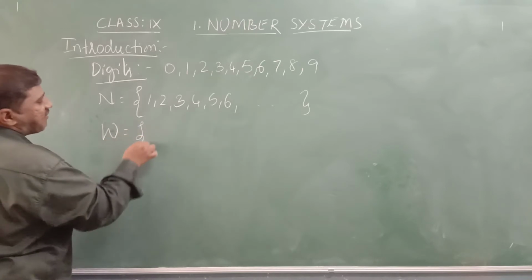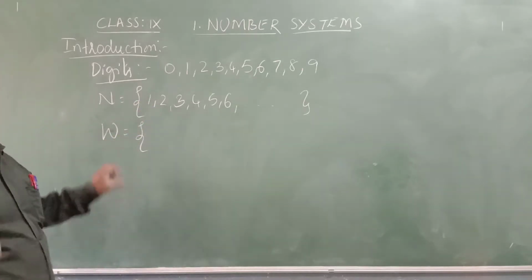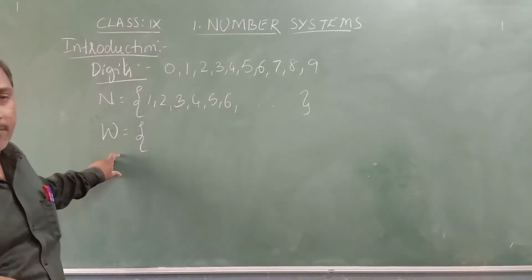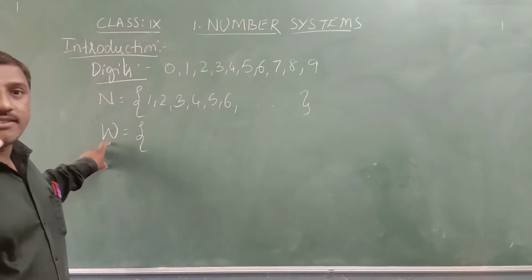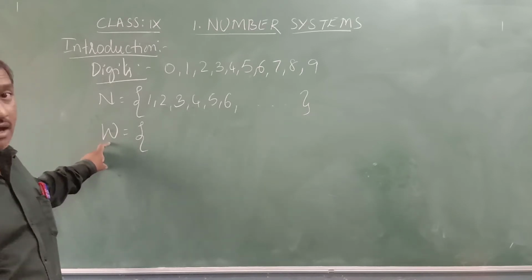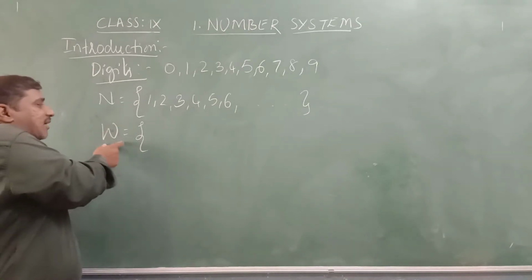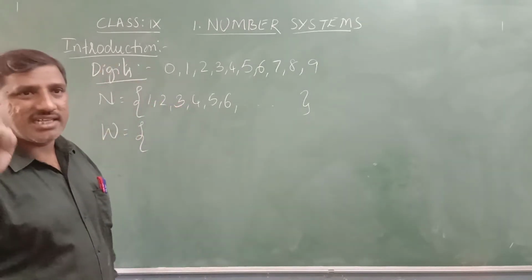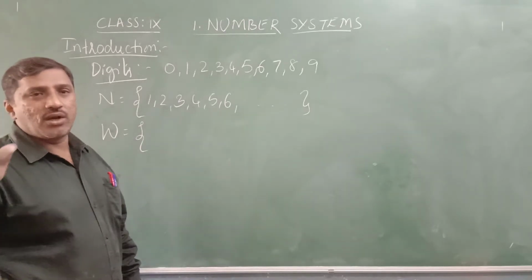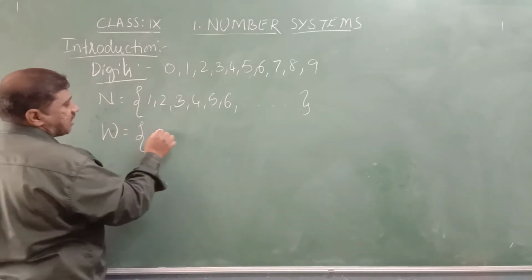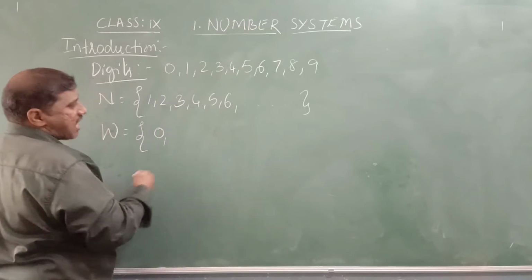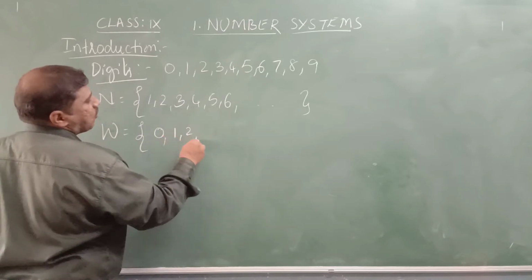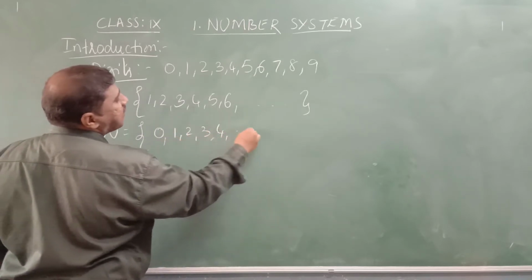They are represented with the letter W. The set of whole numbers is natural numbers including 0, that is 0 and all natural numbers: 1, 2, 3, 4 and so on.